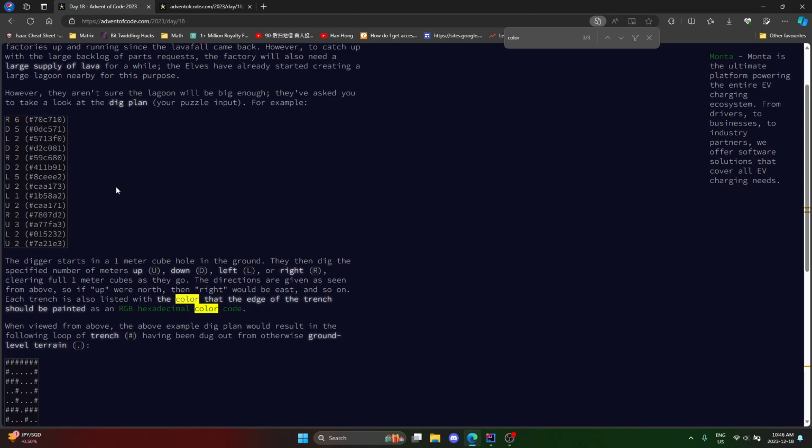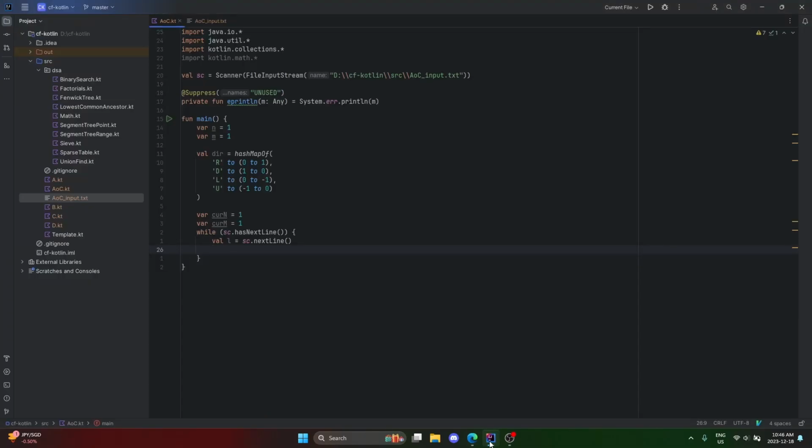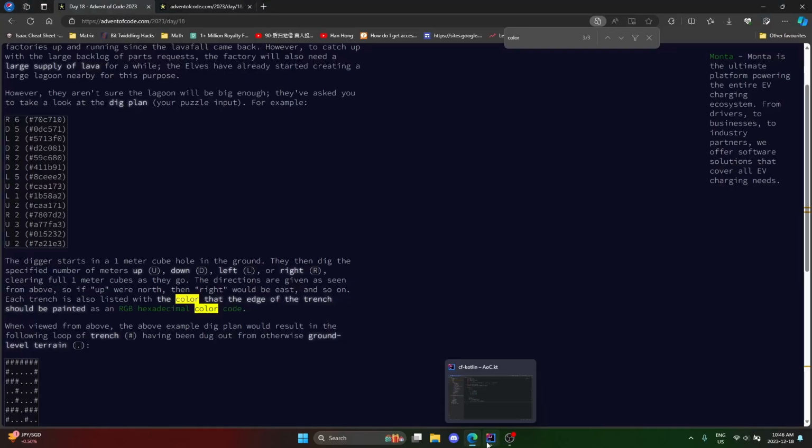And I guess I'll figure out the information. Yeah, so I can just split it by a space. It should be fine.